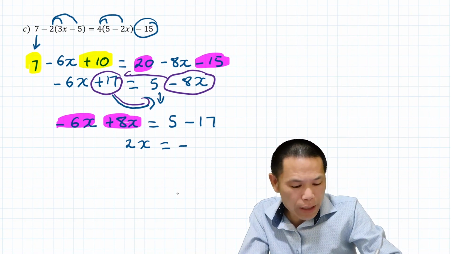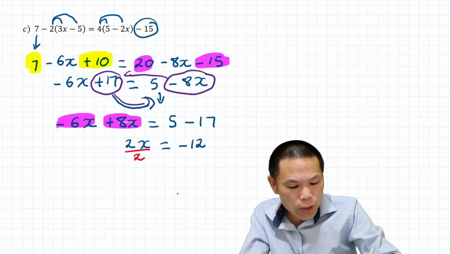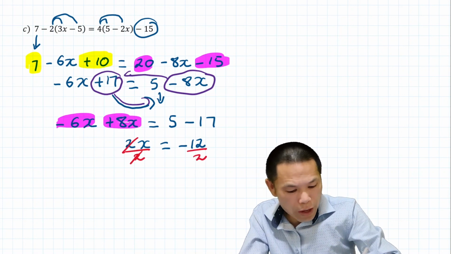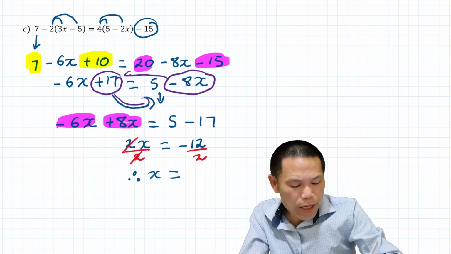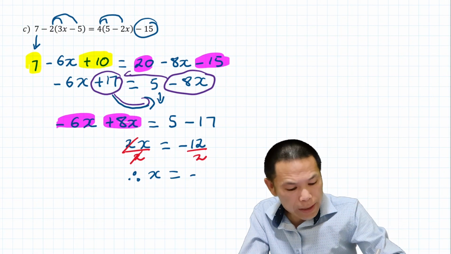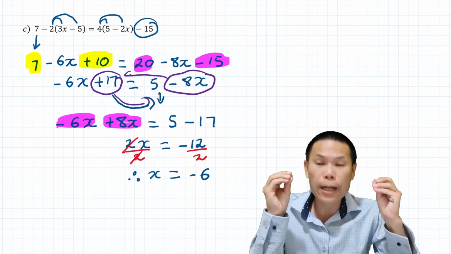So just minus 12. And then I just divide this by 2. And I divide this by 2. That cancels out. So therefore, x is equal to, negative divided by positive gives me a negative. And 12 divided by 2 is negative 6. So there you go. So the answer is negative 6.